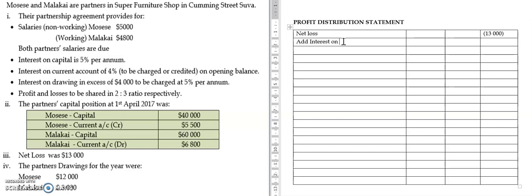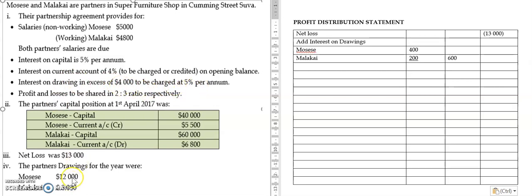interest on drawings. Looking at this question, the drawings for two partners are 12,000 and 8,000. Interest on drawings is at 5% if they are taking more than 4,000.